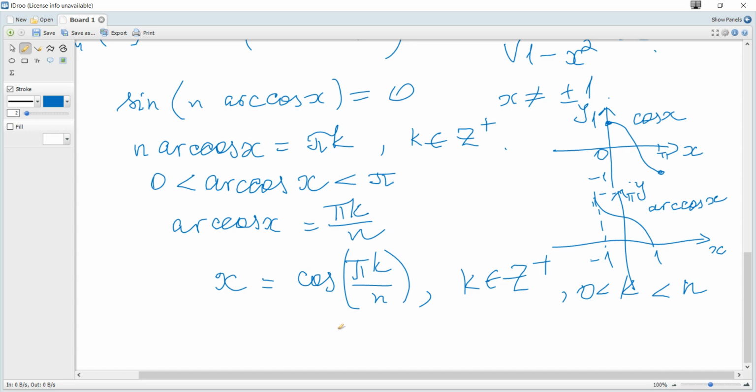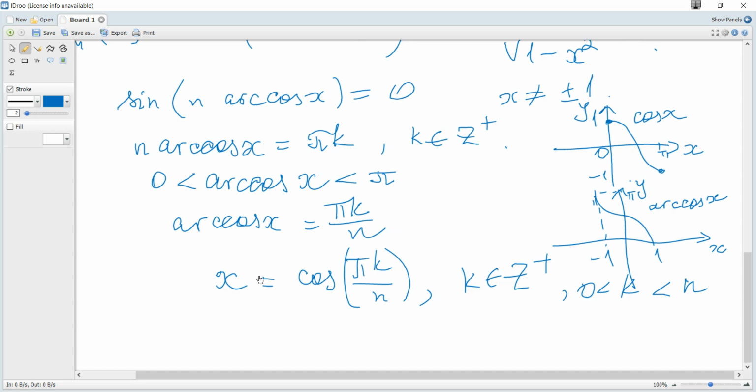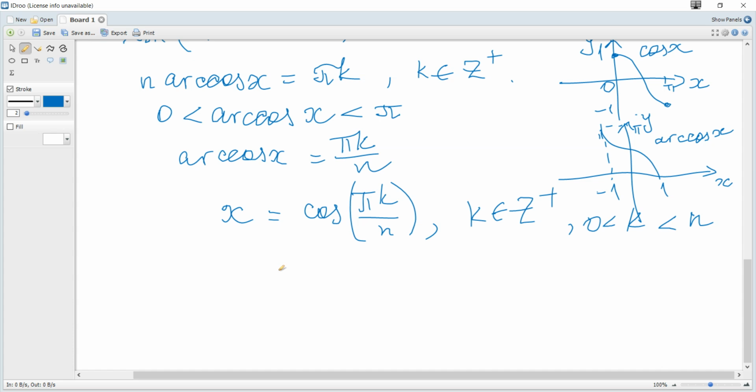The next part: the sequence of functions f_n of x defined above can be expressed as a sequence of polynomials of degree n. Use an appropriate trigonometric identity to show that f_2 of x is 2x squared minus 1, 2 marks.